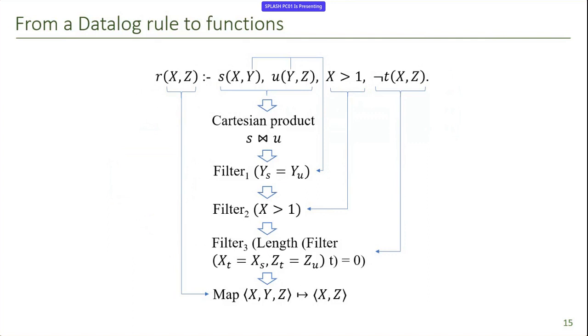And finally, we call the map function to select which attributes we are interested in from the rule head. So here, only the two attributes x, z are of interest.